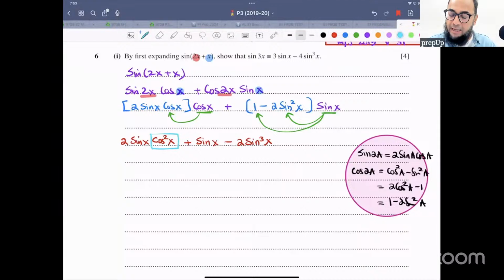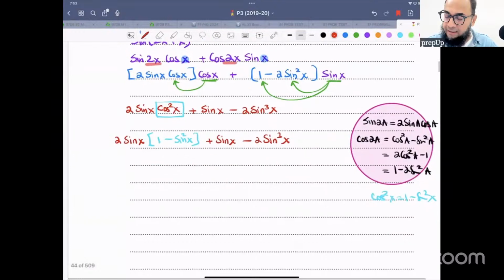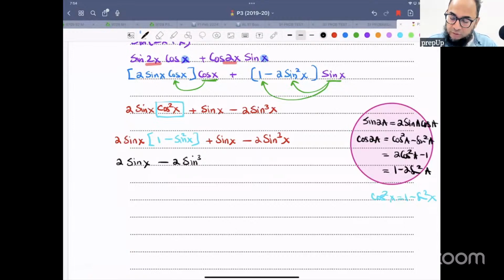Now use cosine square x is 1 minus sine square x. So this is 1 minus sine square x, and on the outside, this is 2 sine x, this is plus sine x, this is minus 2 sine cube x. So sine x into 1. Now let me write in black color: 2 sine x minus 2 sine cube x plus sine x minus 2 sine cube x.